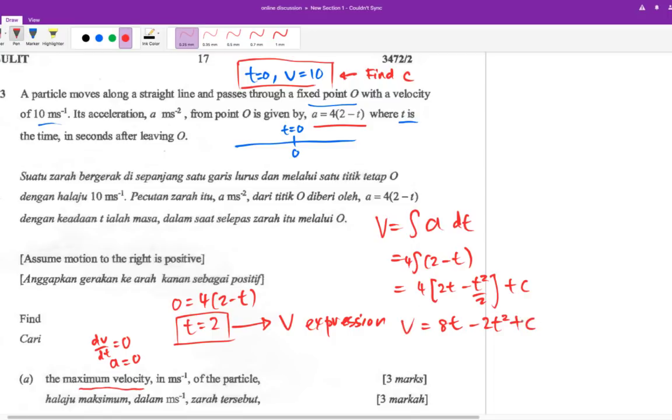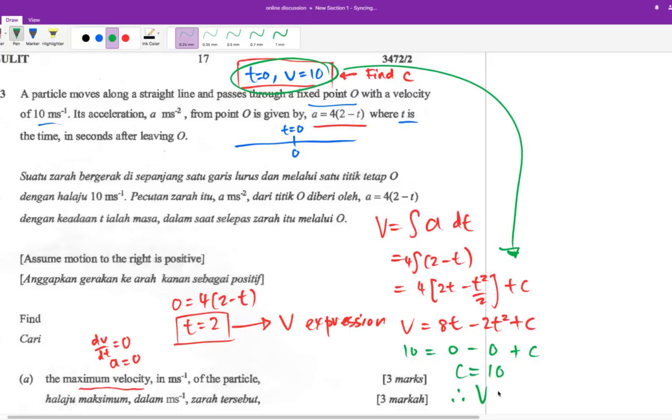Then we need to find c, right? This is the reason why we have this information. I'm going to sub this information into this one. When t equals 0, this is 10, so 0 minus 0 plus c, so c equals 10. Then I have my equation of v here, which is 8t minus 2t squared plus 10.